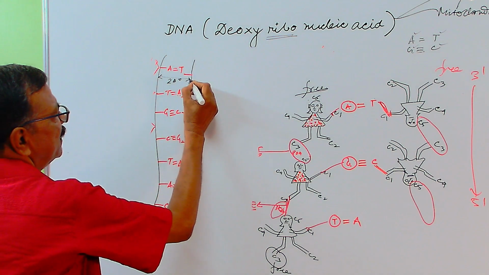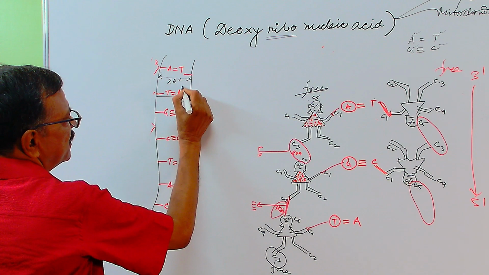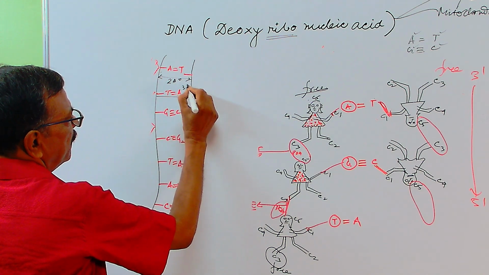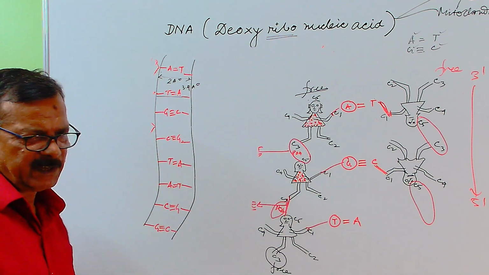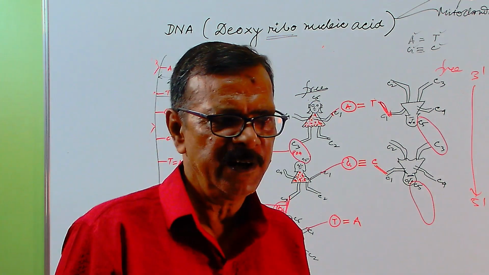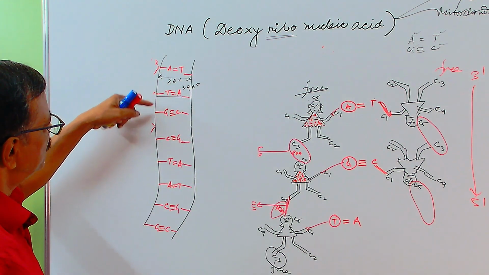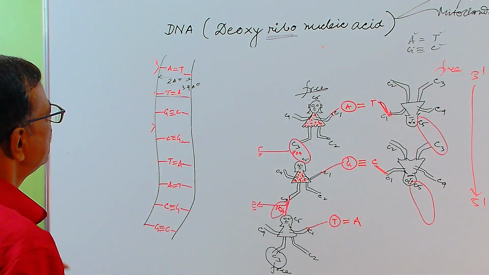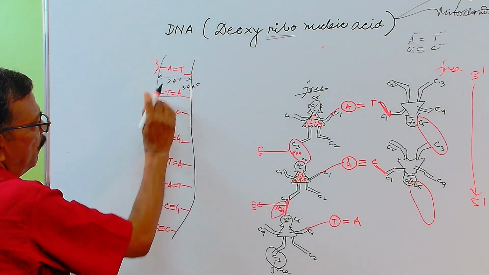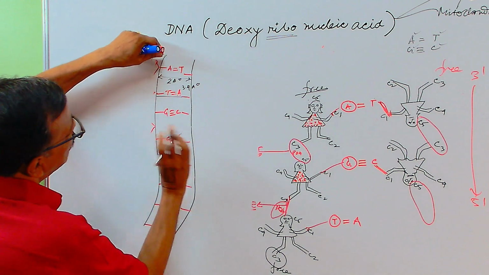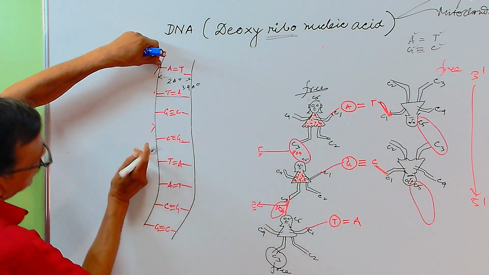And one step to another step is 3.4 angstrom unit or nanometer. Somewhere it is written nanometer, somewhere angstrom unit. So 1, 2, 3, 4, 5, 6, like this. It has been seen that this rope takes a full turn from here to here.